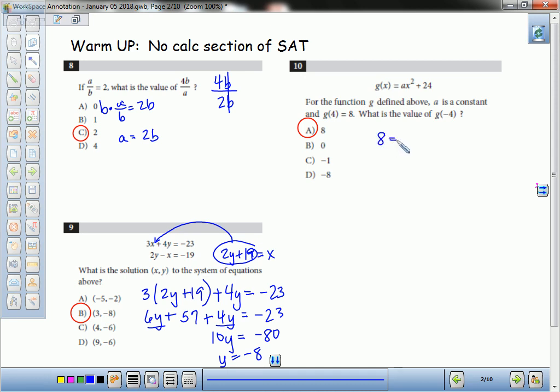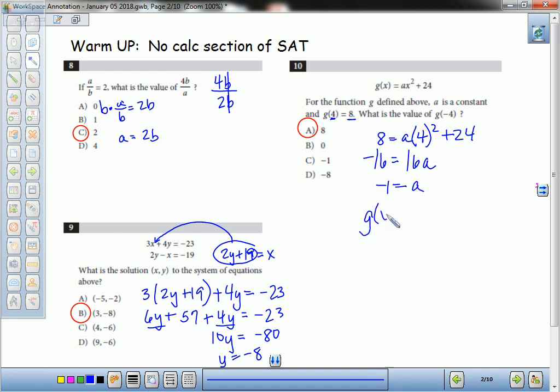So we get 8 equals a times 4 squared plus 24. So this is where I plugged in 4 for x, and I get out 8 for y, which is our g of x. And then we just solve this. And when we solve this, we get negative 16 equals 16a. So negative 1 equals a.